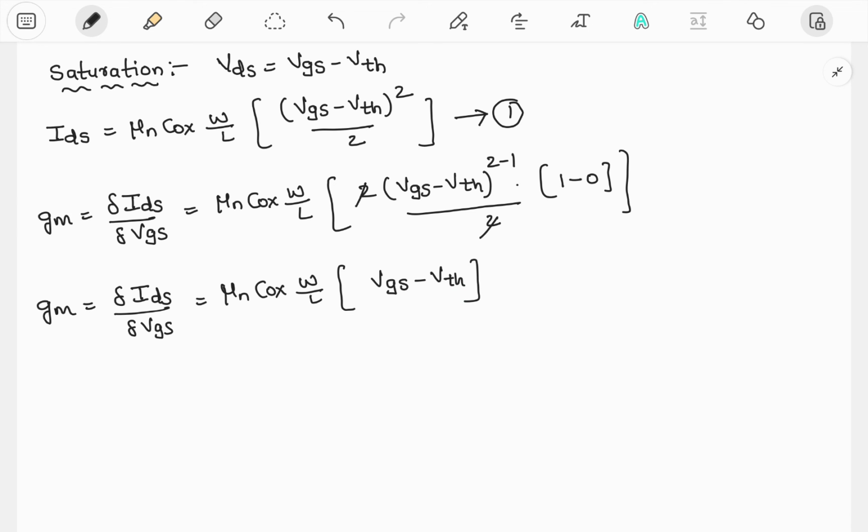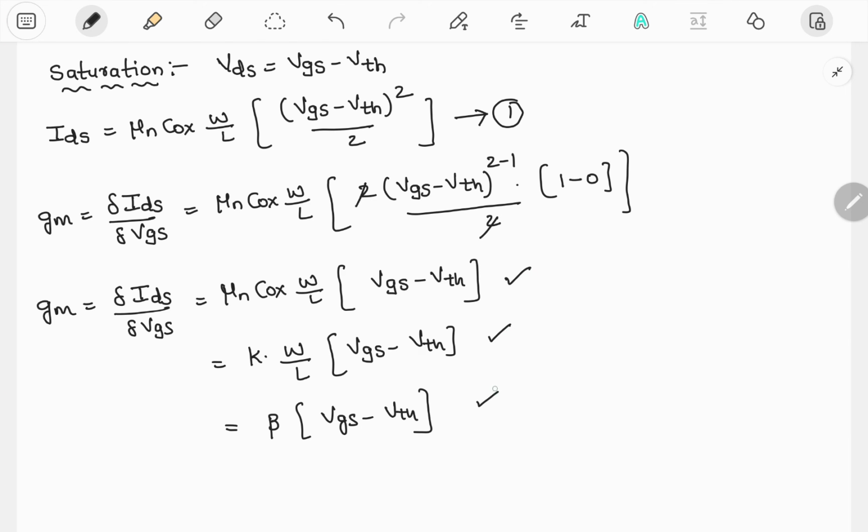If you want to replace mu n Cox with k, it is k into W by L into Vgs minus Vth, or beta into Vgs minus Vth. So either of the three answers is correct for transconductance Gm, but this one is for the saturation region, whereas the previous one we did for the linear region.